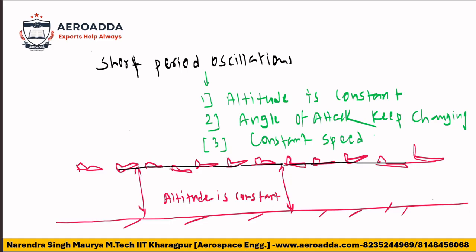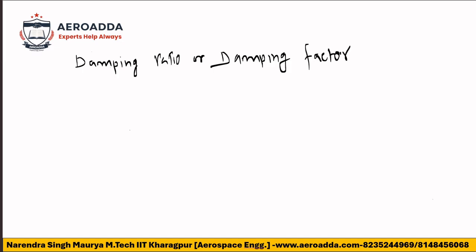Just write down the formula here. I will write the formula: damping ratio, or so called damping factor, for a phugoid motion.